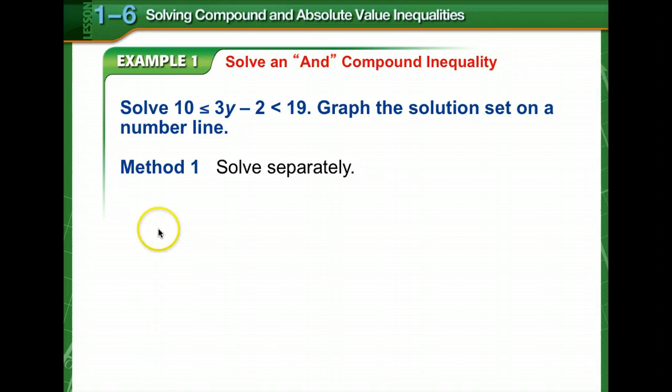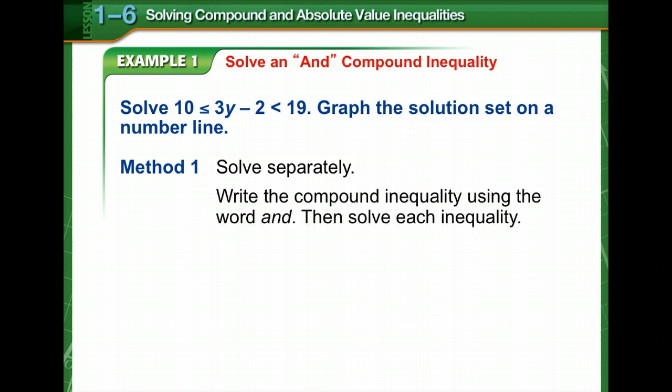So method 1, we're going to solve each of these separately. We're going to write the compound inequality using the word and, then we'll solve the inequality. So 10 is less than or equal to 3y minus 2, and 3y minus 2 is less than 19.